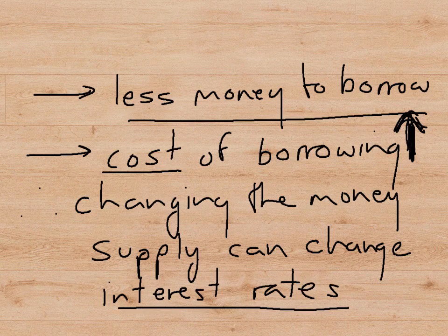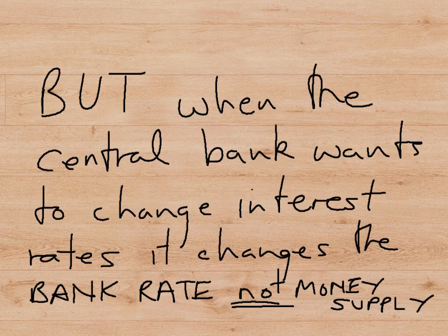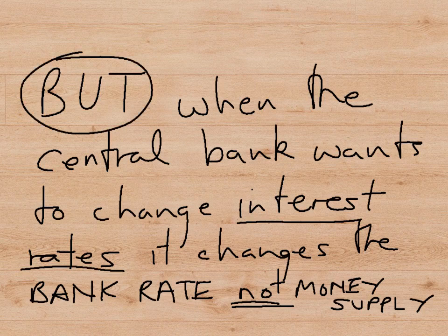So if the central bank wanted to do this, it could. There are ways it could reduce the money supply and therefore cause the interest rate to rise. But when the central bank really wants to change the interest rate, it does not do it via the money supply. So although this is theoretically possible, it does not mess around with the money supply when it wants to change the interest rate.